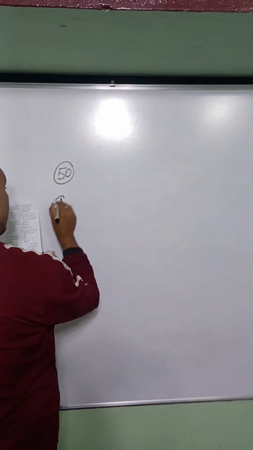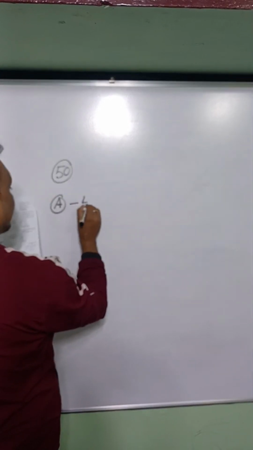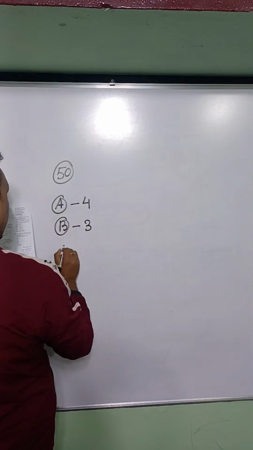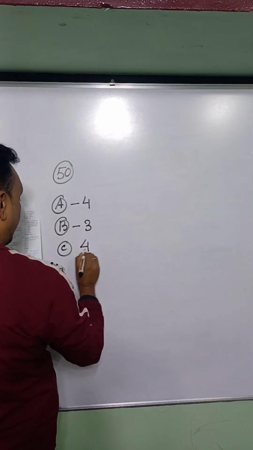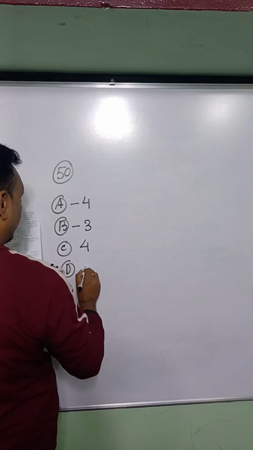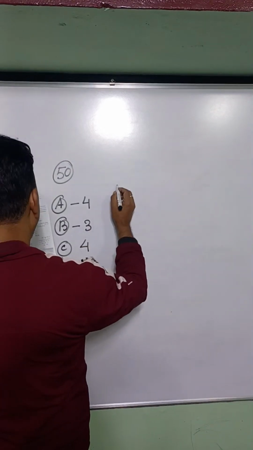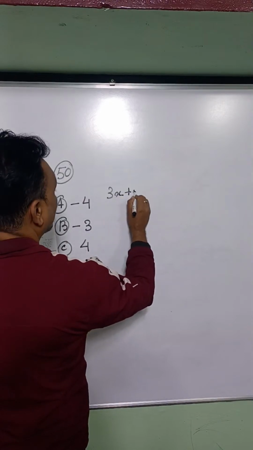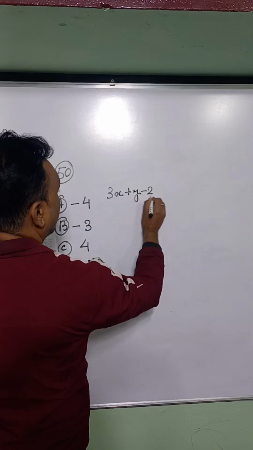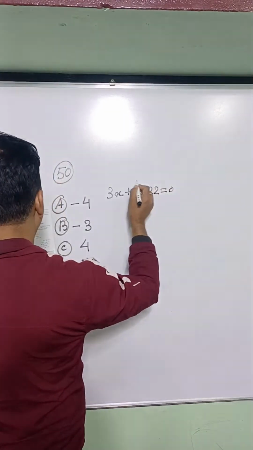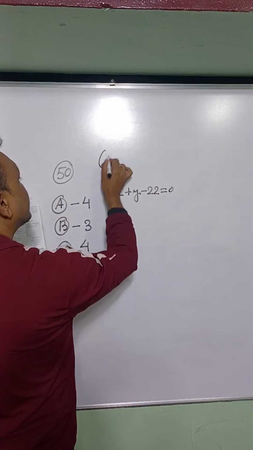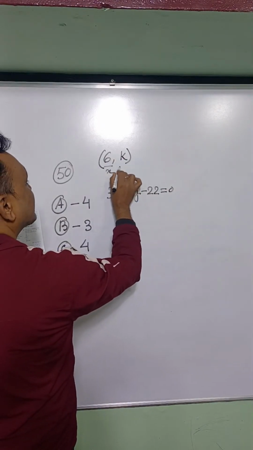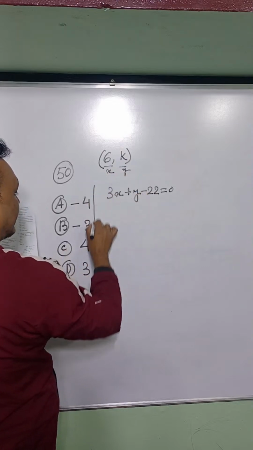The options are A is minus 4, B is minus 3, C is 4, D is 3. And the equation is 3x plus y minus 22 equals 0. The values given are 6 and k, that means this is the value of x, this is the value of y.